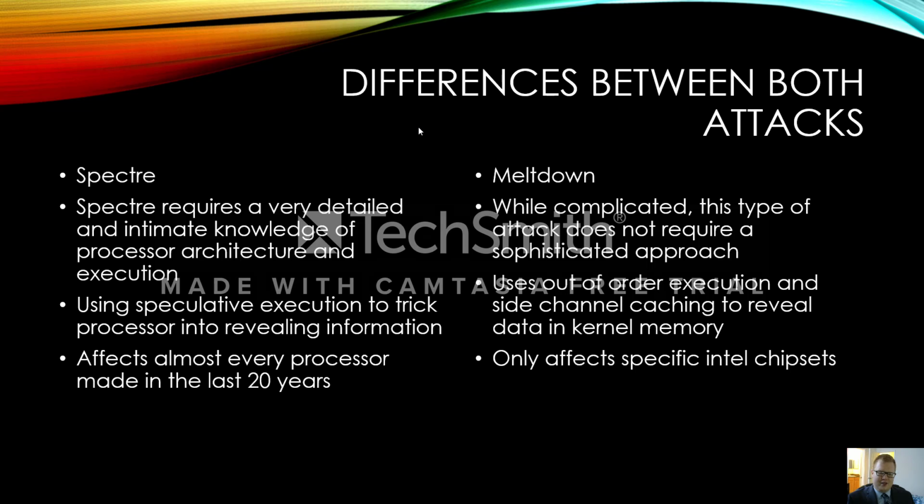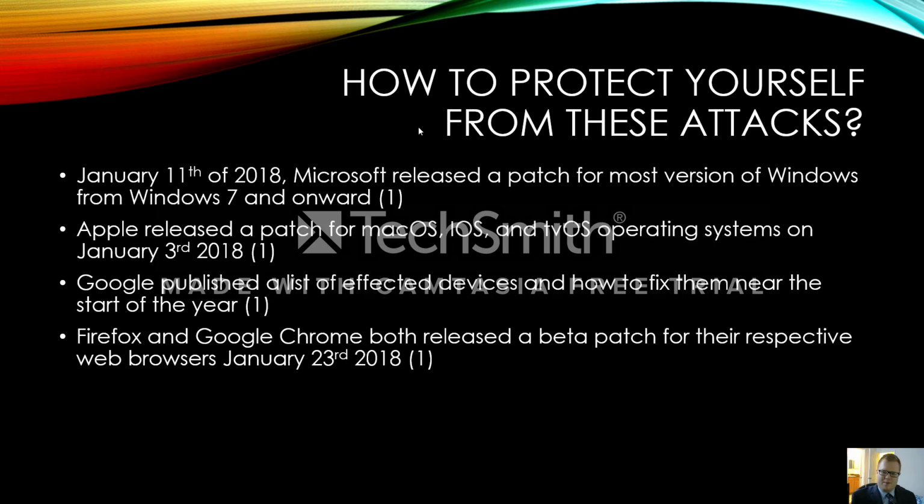Spectre is dangerous because it affects almost every modern-day processor in the last 20 years, but Meltdown, while it is something you would want to patch first, only affects specified Intel chipsets. Those Intel chipsets can be found in my sources at the end if you want to see if you're affected and how you might go about patching.